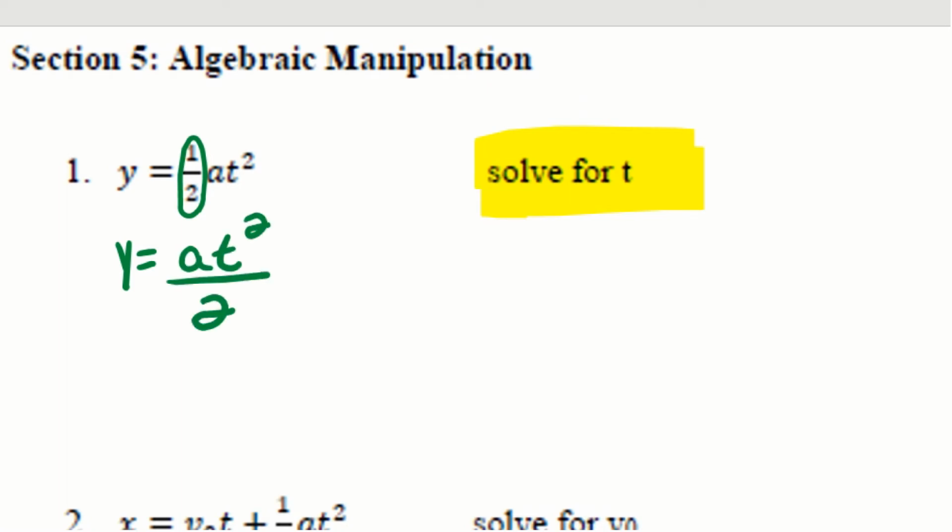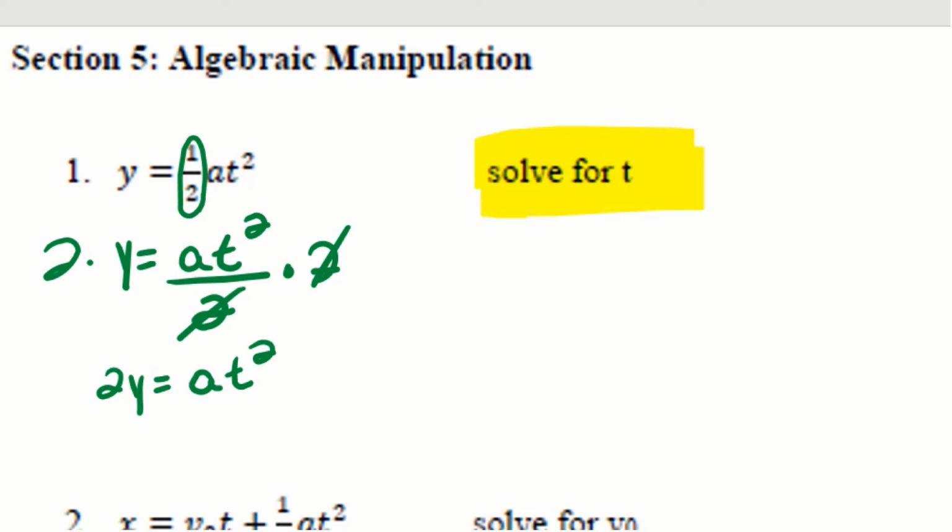That means the same thing. So the first thing that I would do to get the t by itself is get rid of this 2. Well, because it's being divided, I should multiply by 2 on both sides. So that gives me 2y equals at squared.